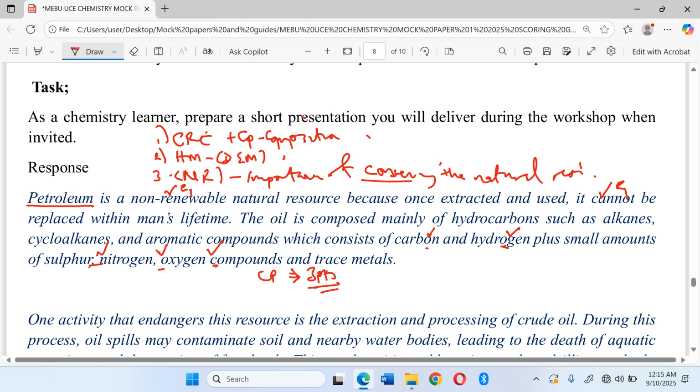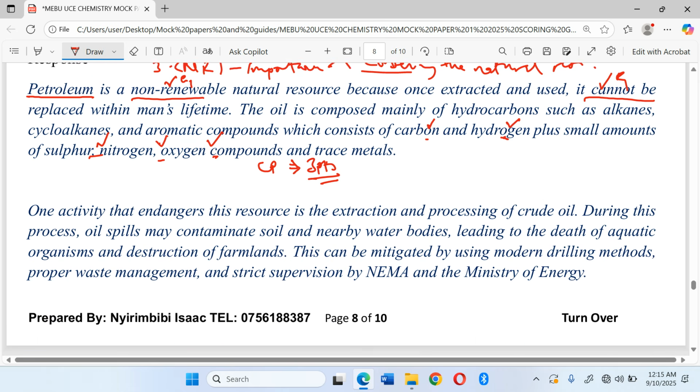We already have the category, which is non-renewable, and also have the reason. Then we go to the second paragraph, where we're looking at the human activity. So we're saying that one activity that harms this resource is the extraction and processing of crude oil. So we're saying that during this process, oil spills may contaminate soil.